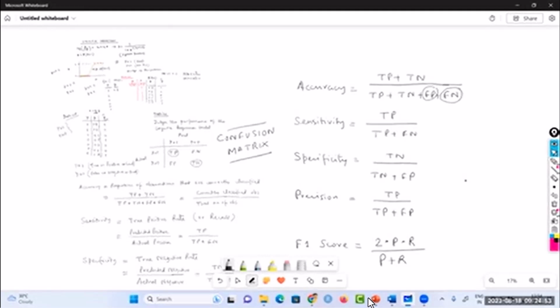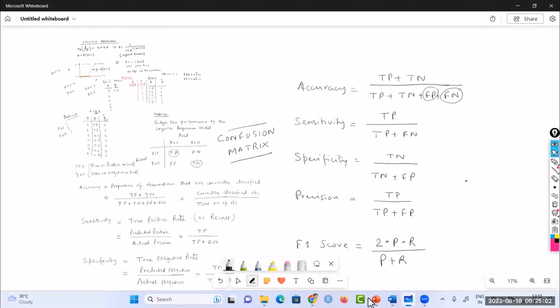That means if I have imbalanced data, where there is a large difference between the number of observations in y equal to 1 and the number in y equal to 0, accuracy will not be able to identify that difference.